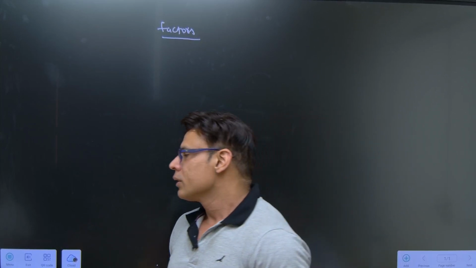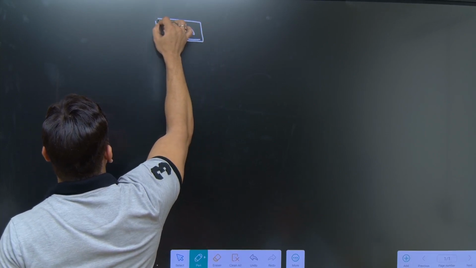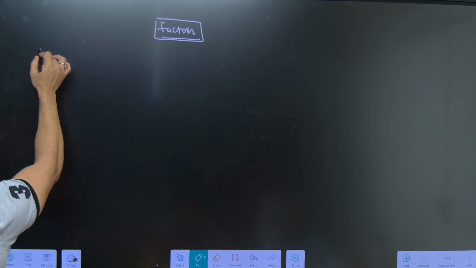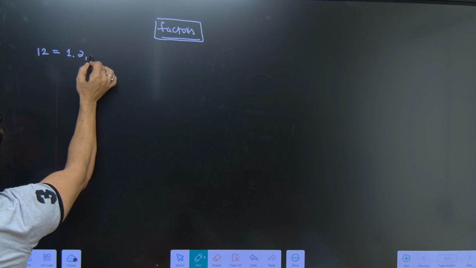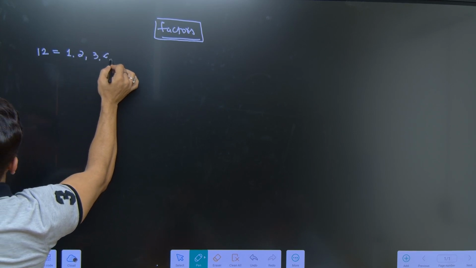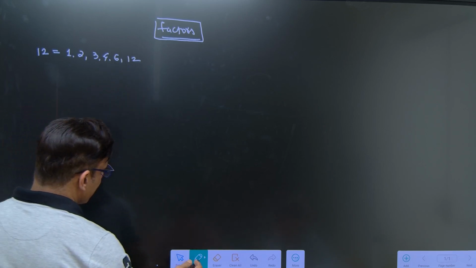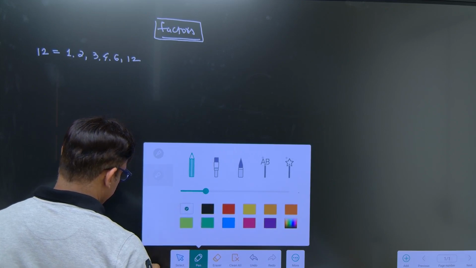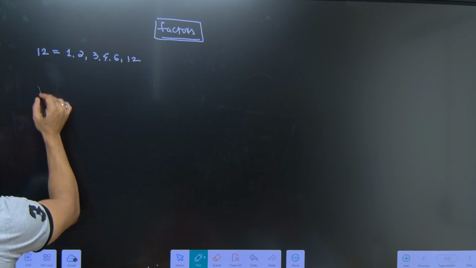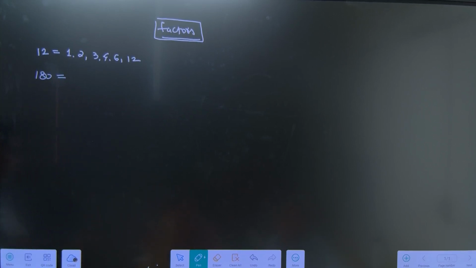Okay. So let's start with factors. What is the meaning of factor? Suppose I take a number 12, right? So factors of 12 are 1, 2, 3, 4, 6 and 12. These are factors of 12, right? But if I take some number, let's say 180, finding factors of 180 will be difficult, right?